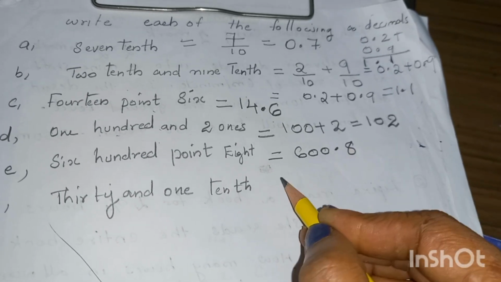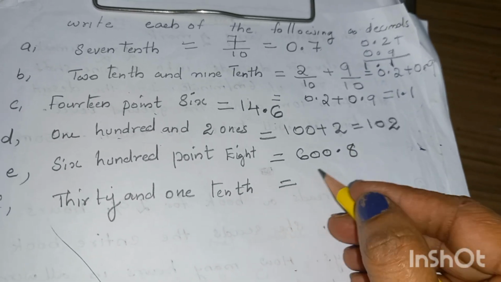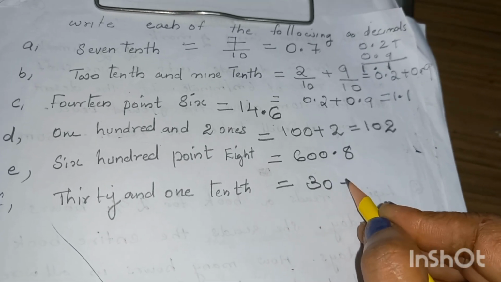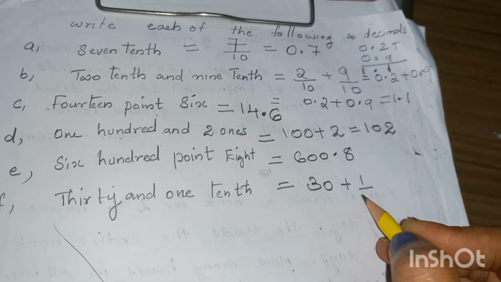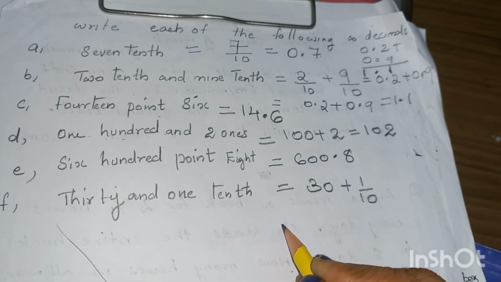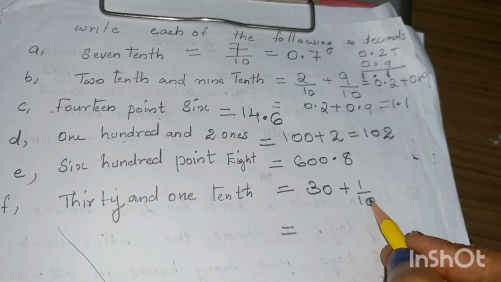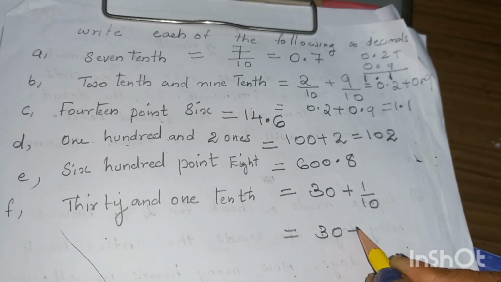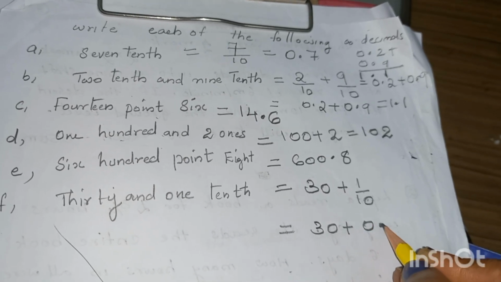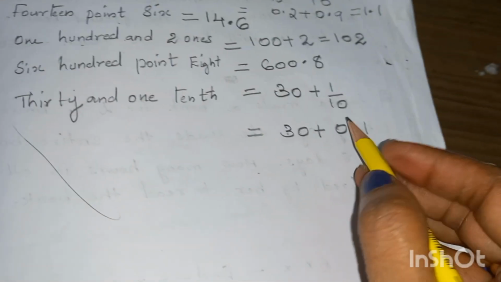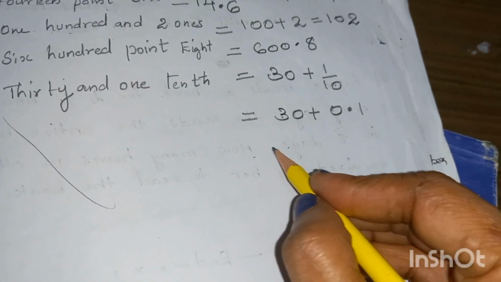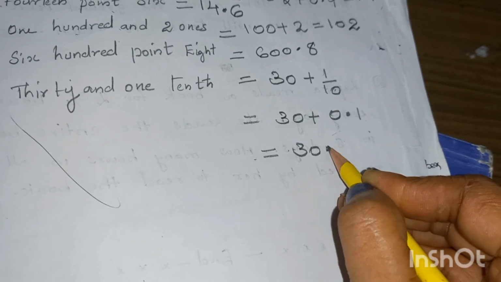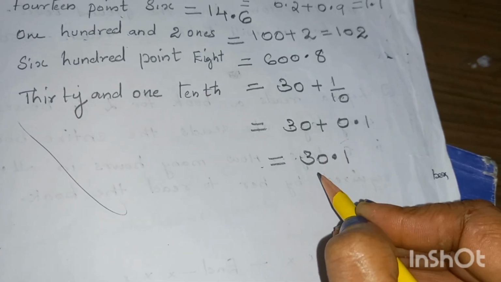Then 30 and 1/10. 30 plus 1/10. So how many zeros are here? Only one zero, so we can write 30 plus 0.1. So 10 means only one decimal is there. Okay, so we get 30.1. Isn't it? Is it clear?